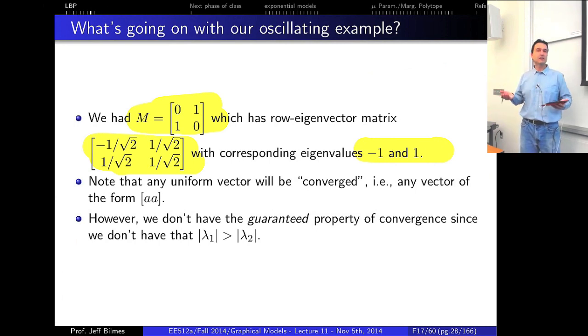And so therefore, we're not going to have that convergence condition. But it is the case, however, that any uniform vector, like what we tried before, the 0.5, has essentially converged. Anytime you start with a flat distribution, it's going to converge. But we don't have this guaranteed property of convergence from the previous theorem, because, again, we need that condition.